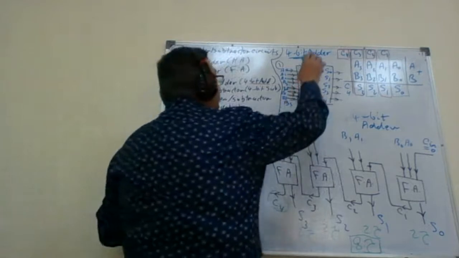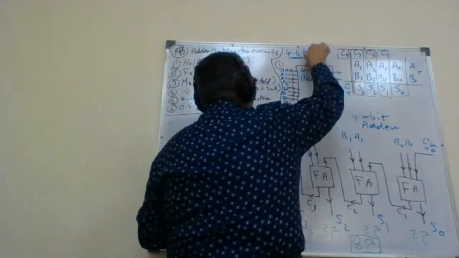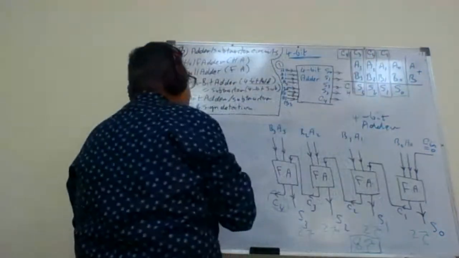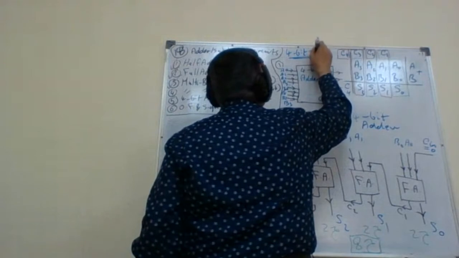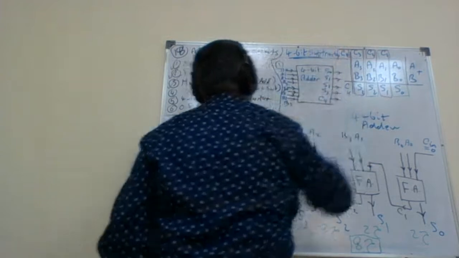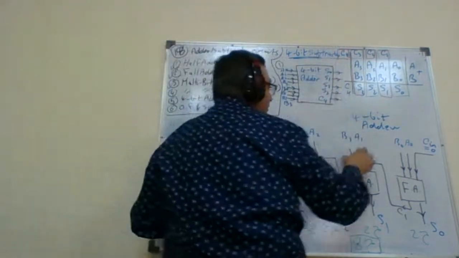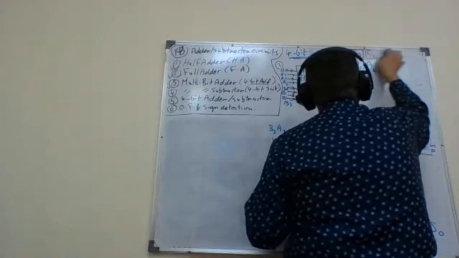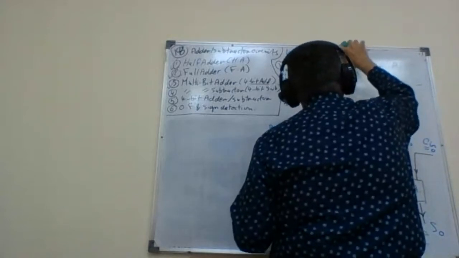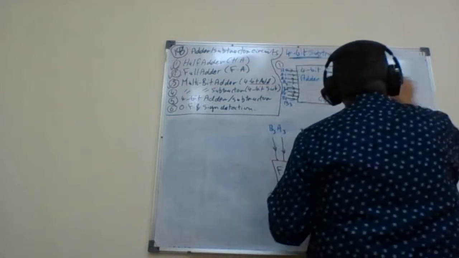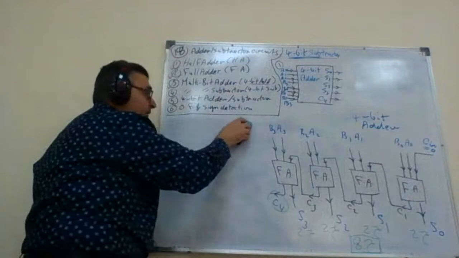Now I want to replace this by a 4-bit subtractor.